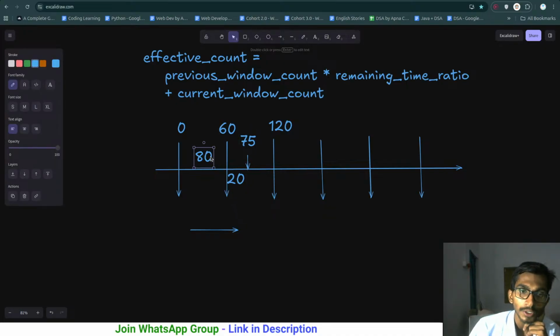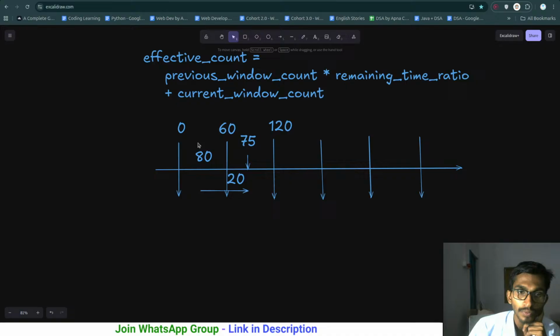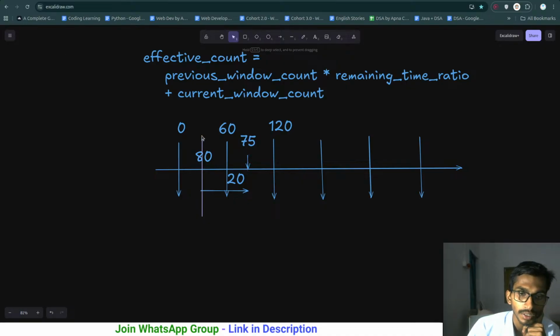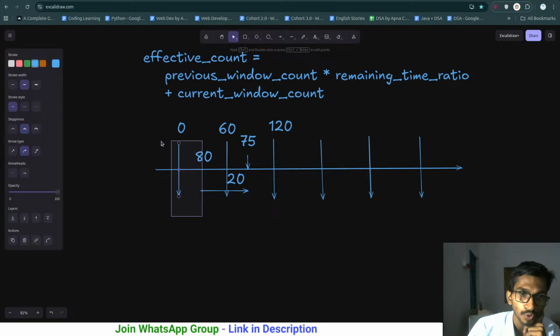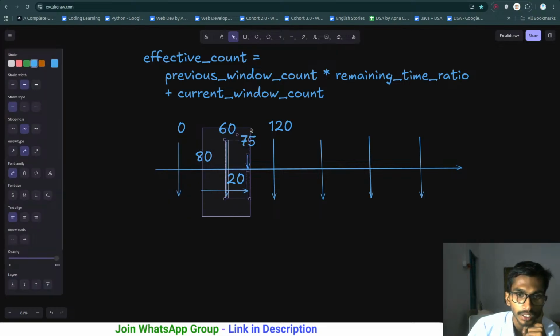Now I have to see how much of the previous window this portion is covering, because the new request came at 75 second, and if we go 1 minute back, till this point it becomes 1 minute. So all these requests are old, and all these requests are still in that minute's window, right?